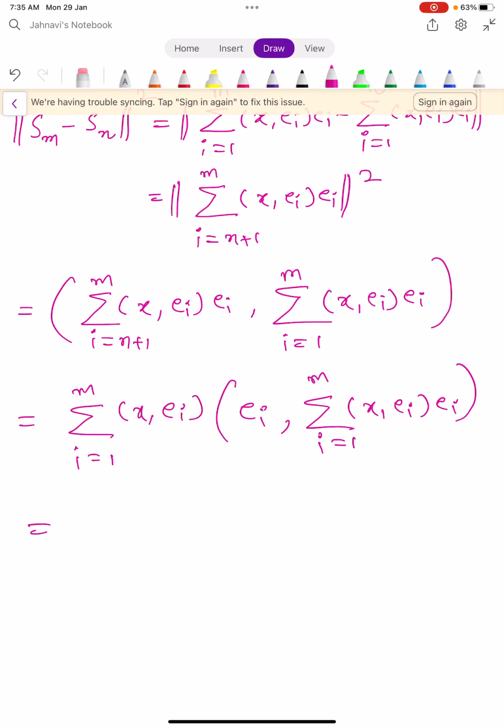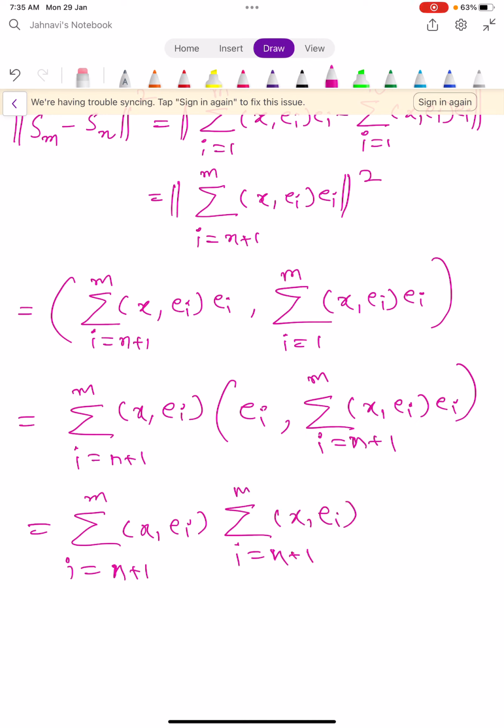Again it can be written as summation of inner product of x comma ei into summation over i equals, not 1, I'm sorry, this is n plus 1 everywhere, n plus 1 to m inner product of x comma ei into ei, comma ei.